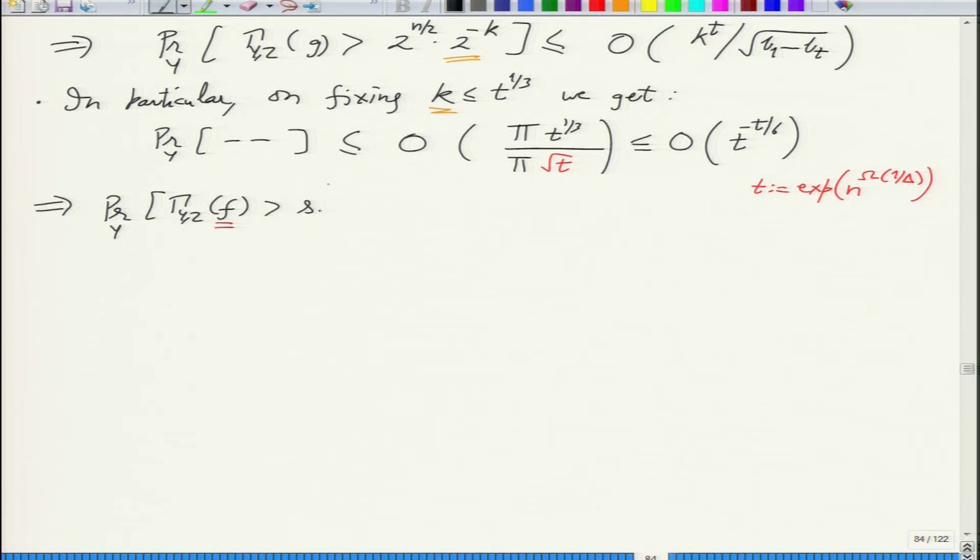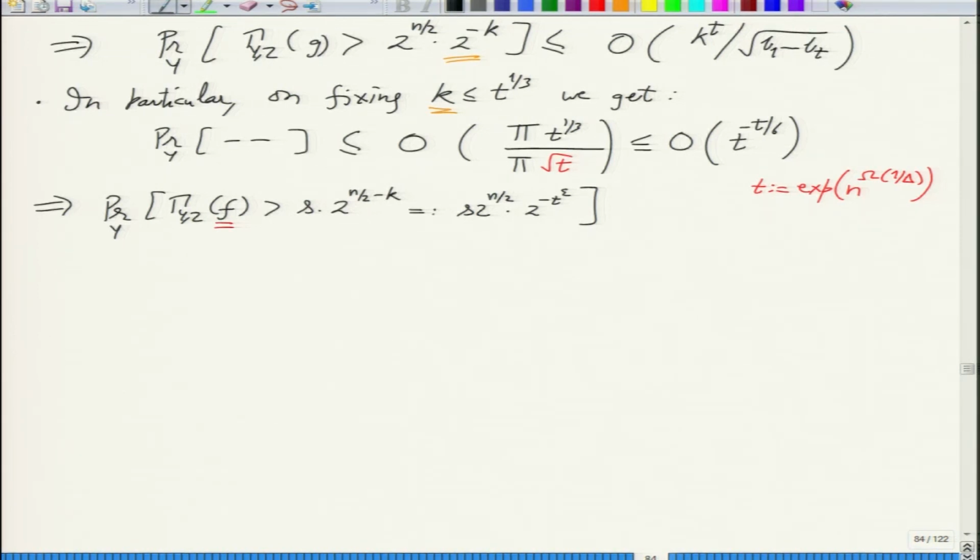So now you will have s times 2 raised to n by 2 minus k, which is s times 2 raised to n by 2, the max, and you are reducing it by some exponential, like epsilon 1 by 3.